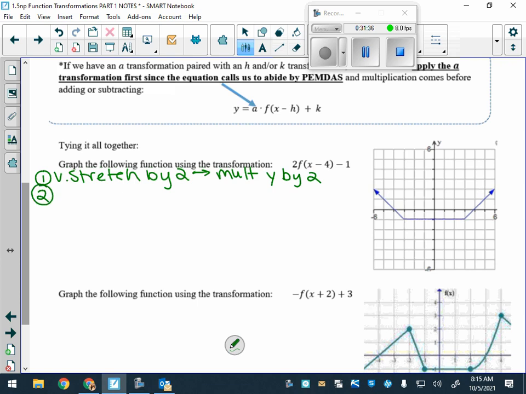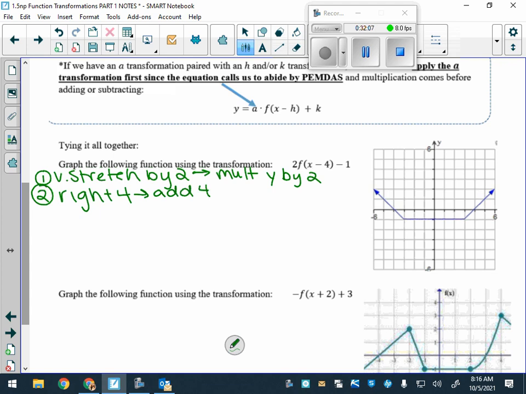Okay? Then what other transformation is happening? Everett? Right 4. So what do you have to do there? Add, subtract, multiply, divide. If we're moving to the right, we're adding. Okay?